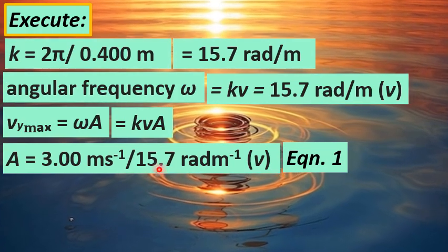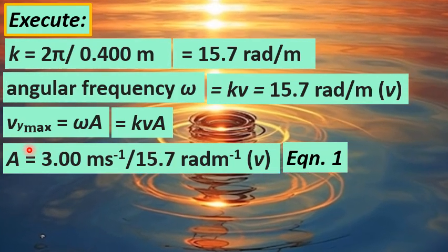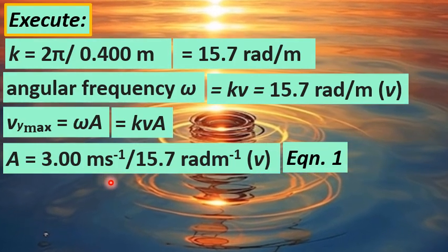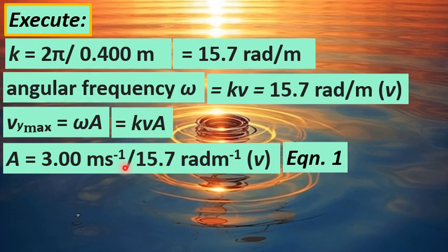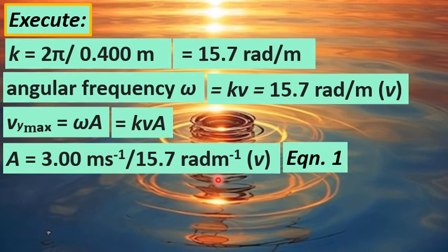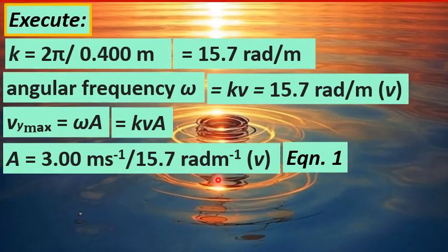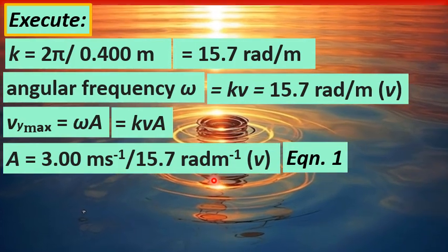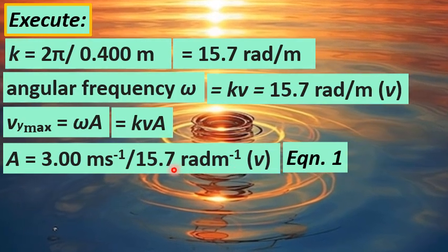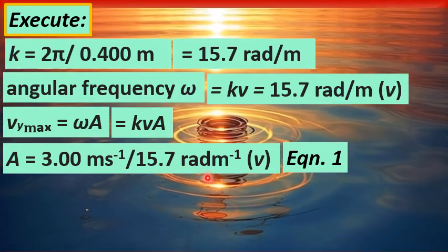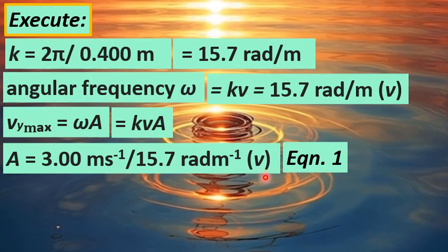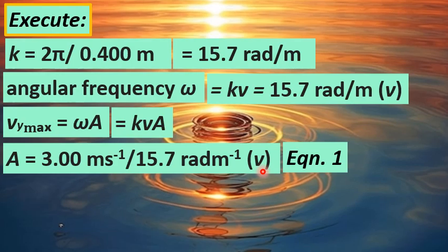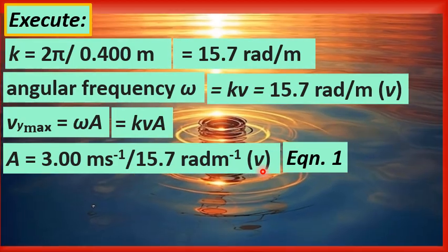We are given the maximum v sub y equal to 3.00 meters per second, and that will be divided by the product of the angular frequency omega, which we express as 15.7 radians per meter, multiplied by small letter v, or the speed of propagation of the wave.